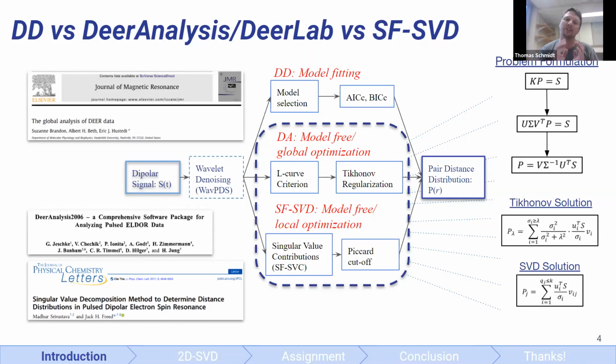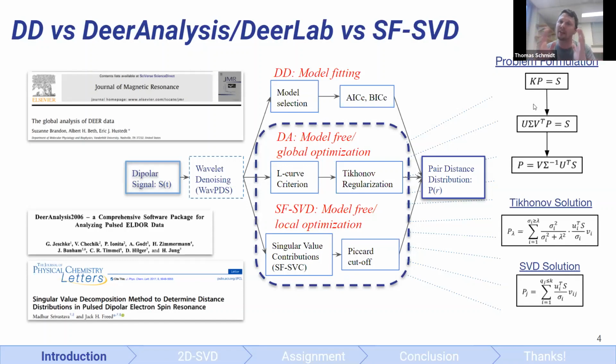Or we use the Srivastava-Fried SVD method, which is again model-free but utilizes a local optimization for each individual time point. The difference between them is really a Tikhonov regularization versus a Picard cutoff.